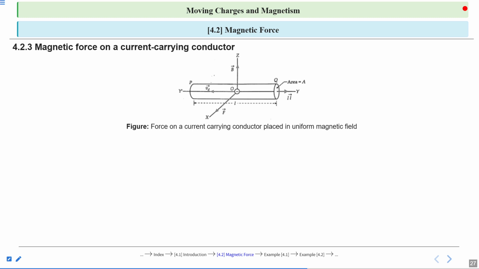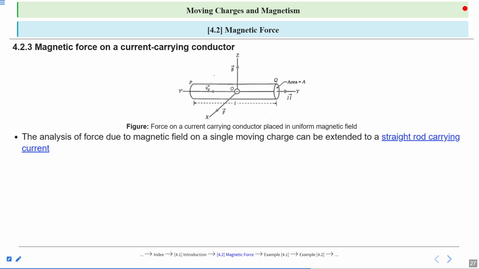The magnetic field is along the Z axis, the force is along the X axis, and the drift velocity of the electron is along the Y axis. All the things are mutually perpendicular. A is the area of cross section, L is the length of the conductor, and I is the current flowing through the wire in the opposite direction of movement of electrons.